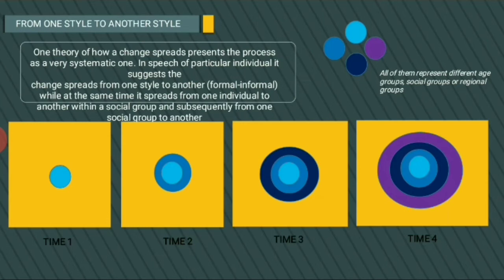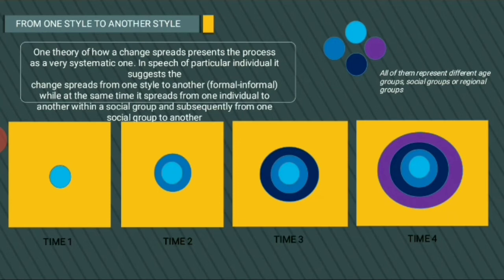This is time one, or the first time. The blue circle here is representing the different age, social, or regional groups of a community. And then in time 2, it becomes two circles in the community using communications.